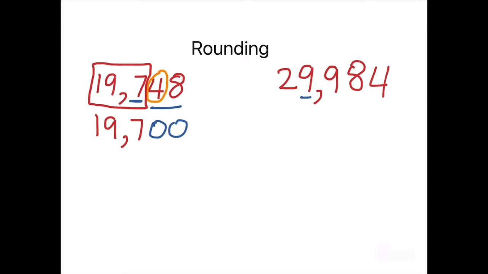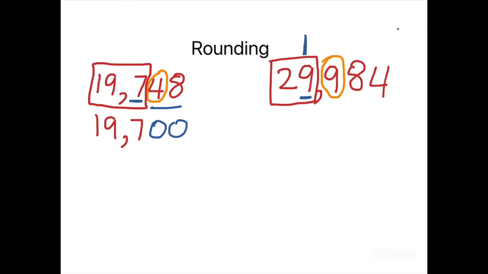We're going to circle the place after it, which is also 9. And then we're going to box the numbers that come before the rounding place and the rounding place. So the circle digit 9 tells the rounding place to increase by 1. So we're going to add a 1 to the box.